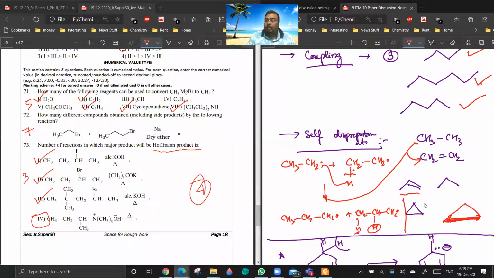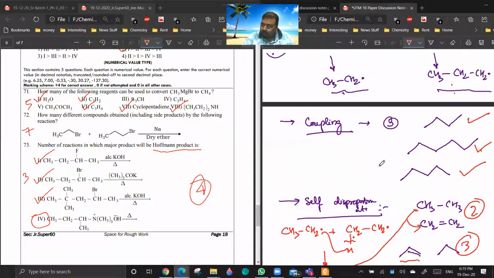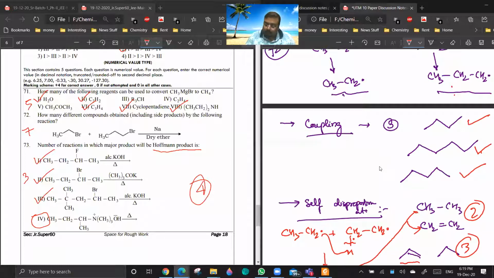Is it clear? Yes, sir. So total it will be 4 plus, so it will be 3 here. This is same as this. So here it is 3, here it is 2. So 3 and 2, 5, and 3, 8. But they have given 7, no?